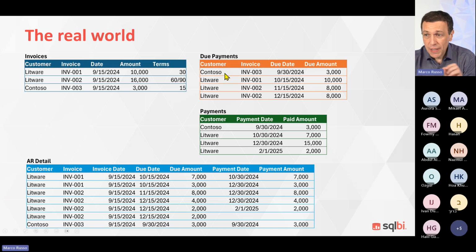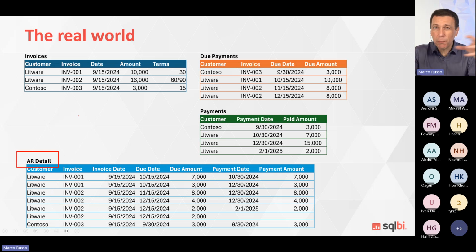Let's say that we have this information, okay, invoices, due payments, and payments. What I'm saying is that instead of going straight to this table with a single transformation, it could be easier to split the problem, also the transformation problem, into smaller problems.